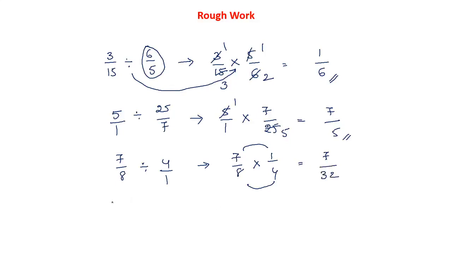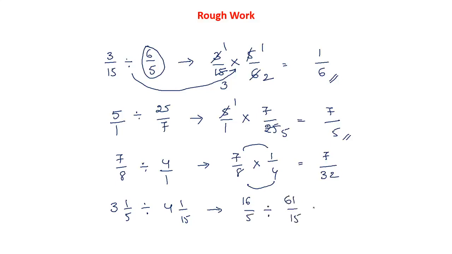Okay. So now one more example: 3 1 by 5 divided by 4 1 by 15. So now it is given in the form of mixed fractions. You know that whenever mixed fractions appear, first you have to convert them into improper fractions. So 5 threes are 15 plus 1, 16 by 5, divided by 15 fours are 60 plus 1, 61 by 15.